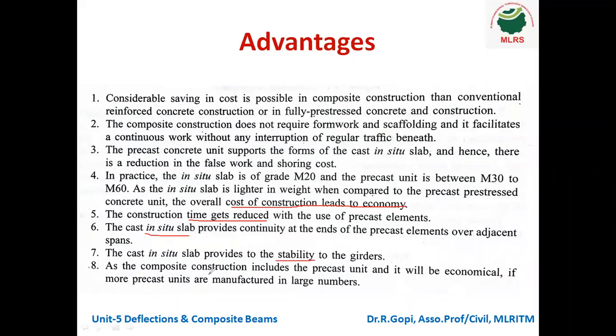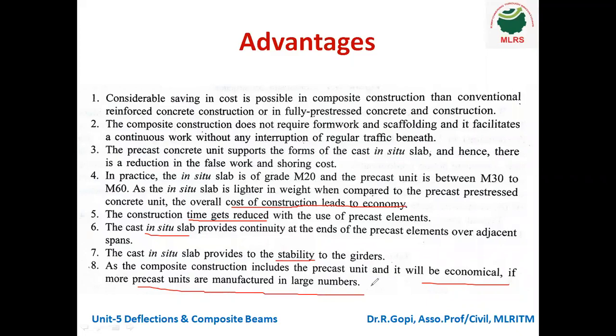As the composite construction includes the precast unit, it will be economical if more precast units are manufactured in large numbers. As I already told, suppose a small span bridge is there, we can cast those prestressed members in the factories.